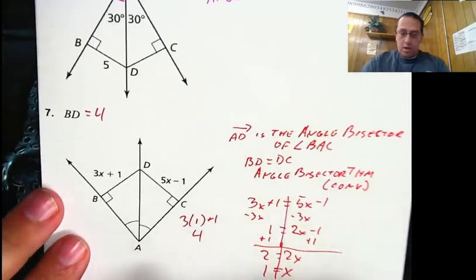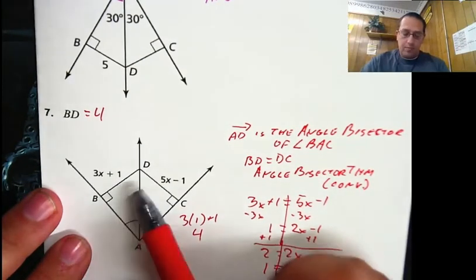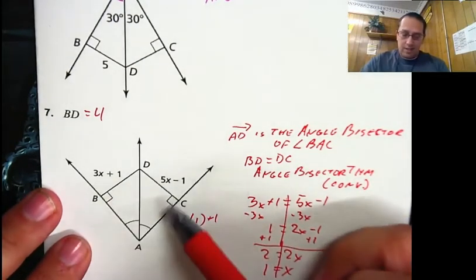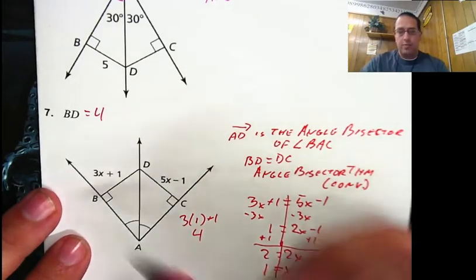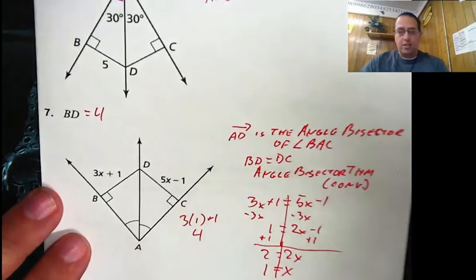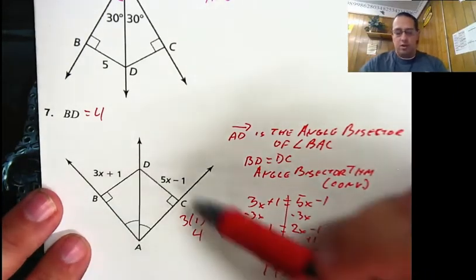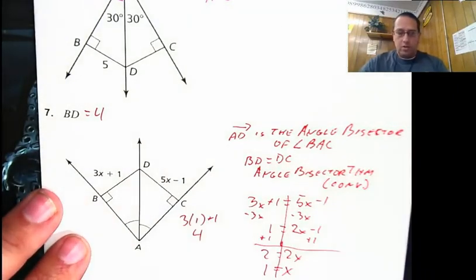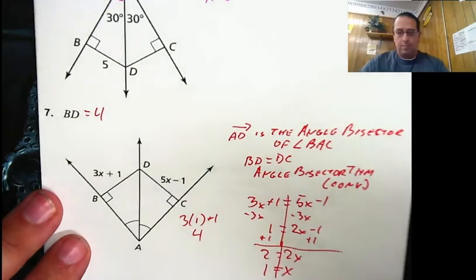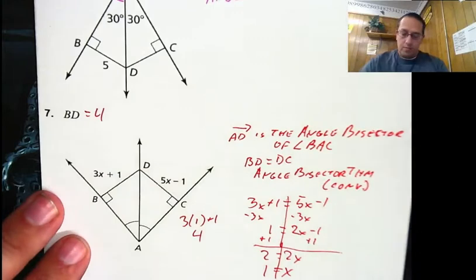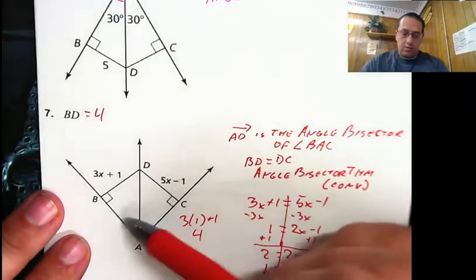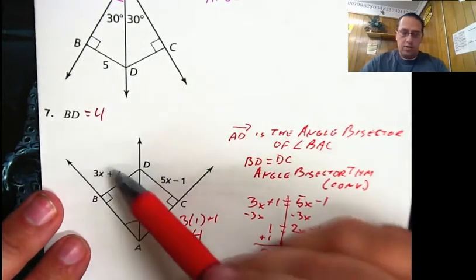Important thing to remember, here's the really important thing that people miss all the time. These distances, this segment has to be a right angle. It's got to be perpendicular to the sides because distance is always perpendicular from the point to the line that you're looking at. All right? So, if your angles are congruent here, these are going to be congruent too.